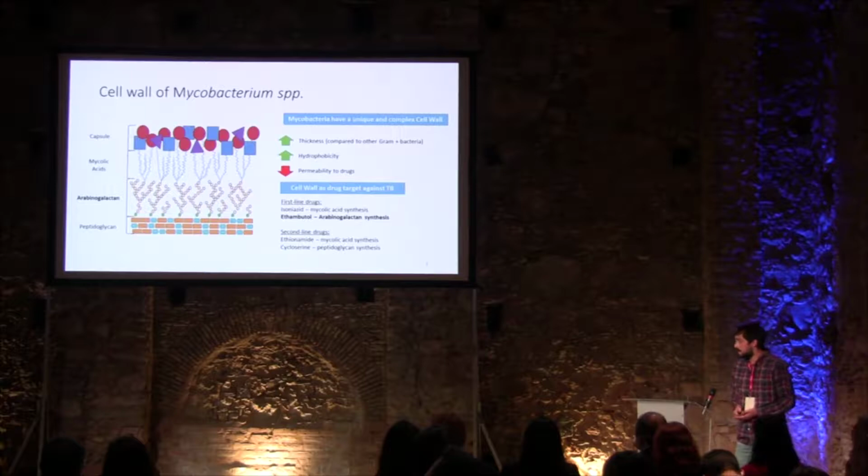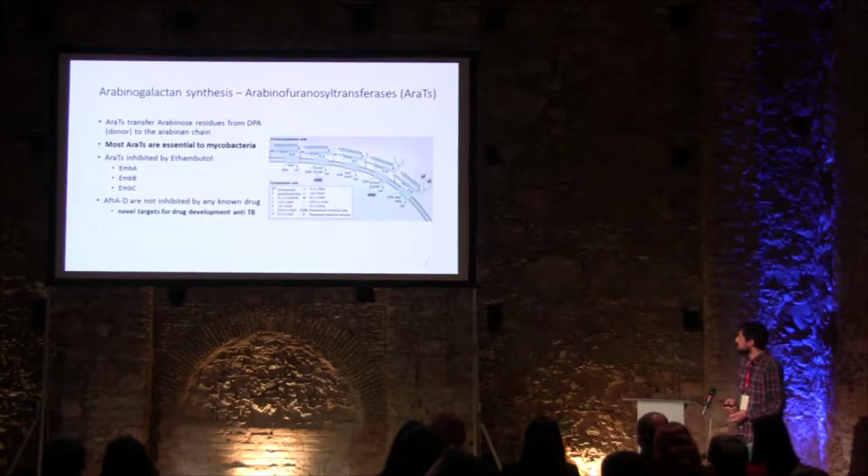There are already drugs against TB that act on several layers of the cell wall. Isoniazid acts on mycolic acid synthesis, and ethambutol acts on the arabinogalactan synthesis, which I will focus on in more detail.